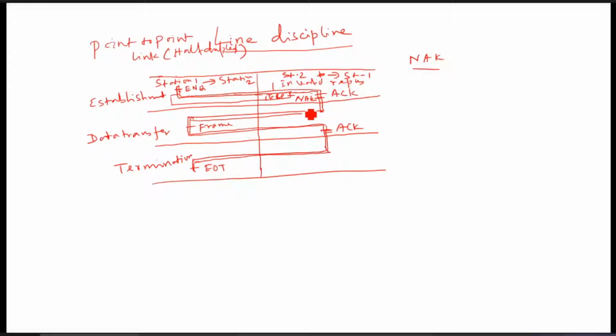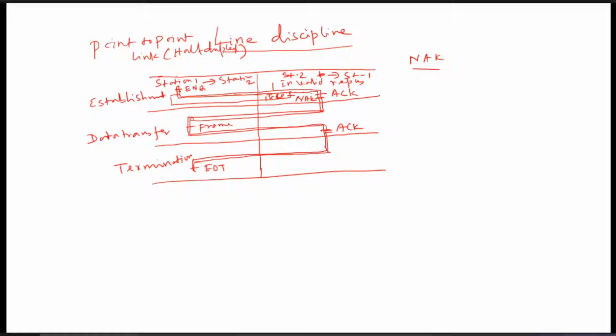So there are 3 distinct phases I mentioned. Establishment, that means the establishment phase. Here it determines which station is to transmit and which station is to receive. That is decided in the establishment phase. In the data transfer phase, data are transferred in one or more acknowledged blocks, block by block.